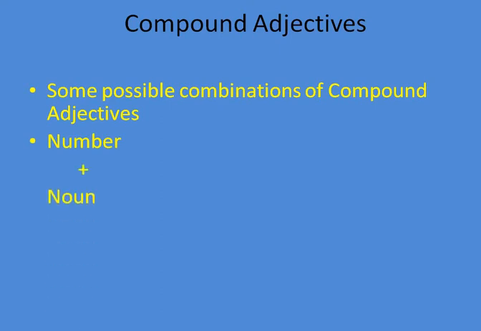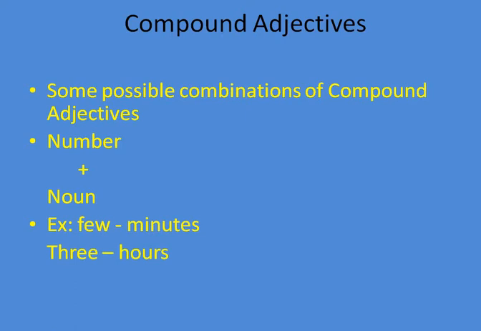Here I mean to say that if the word that describes a number is used along with a noun, it gives a compound adjective, as in this example. Few is the word that describes the number, and minutes is the noun. When these two words are used together, it gives us a new compound adjective, that is, few minutes.